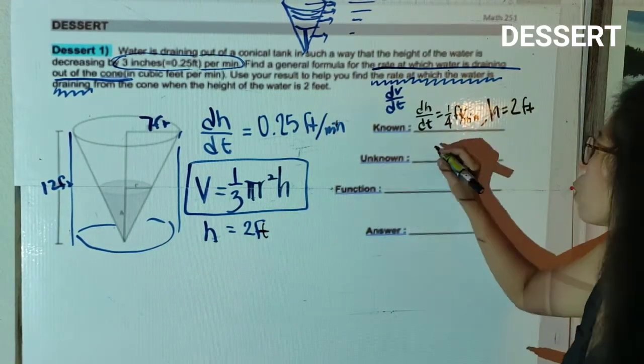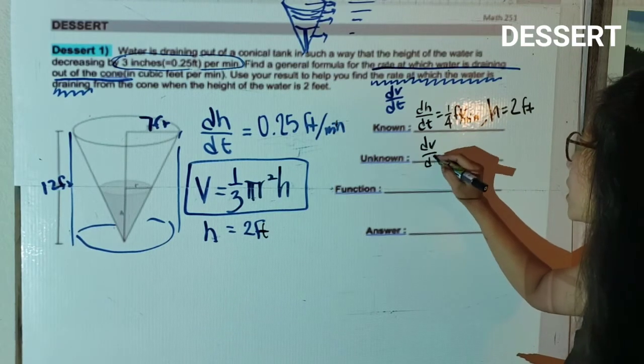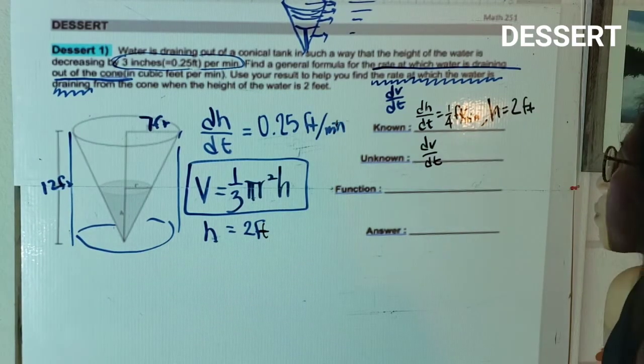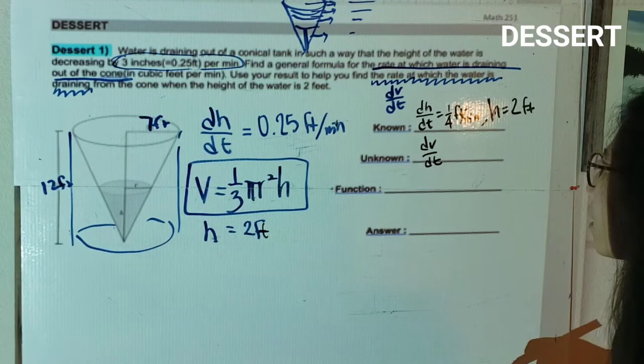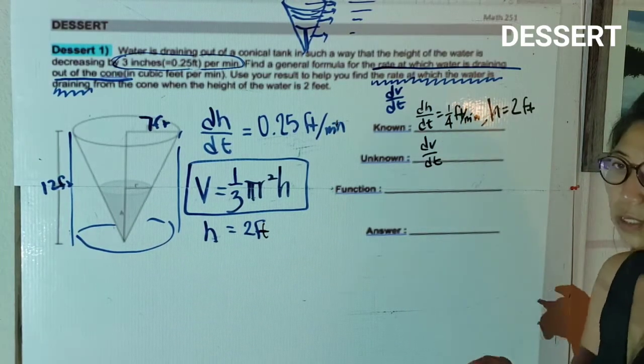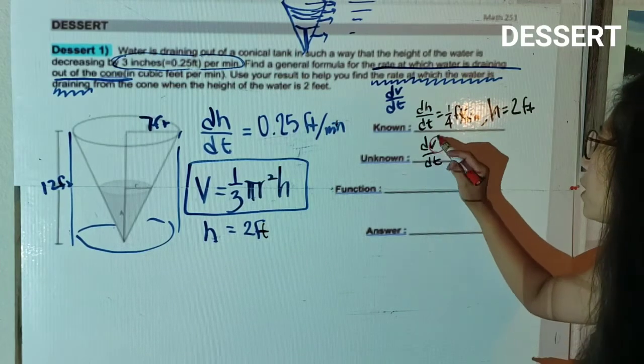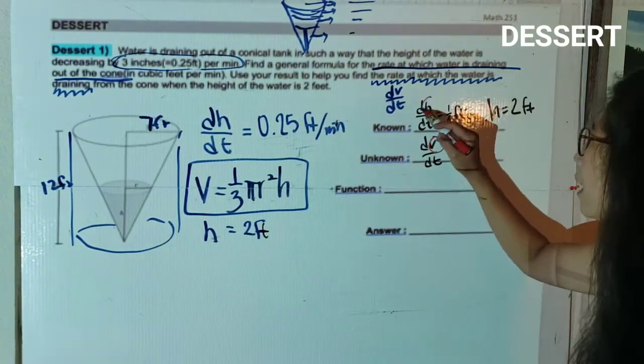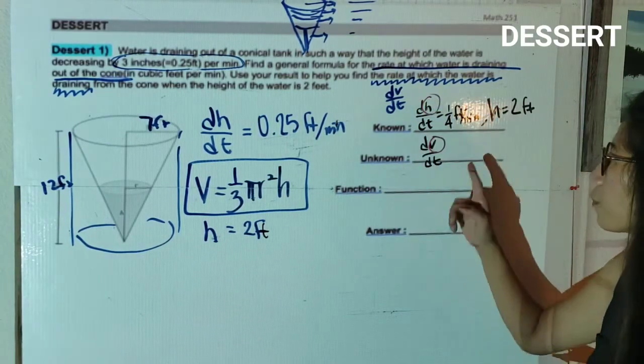And then what am I looking for? dV/dt, dV/dt. Then how can I rewrite this function? Do you see I have to connect V and R or V and H? I have to connect V and H.